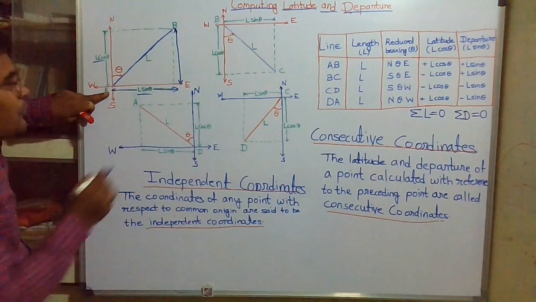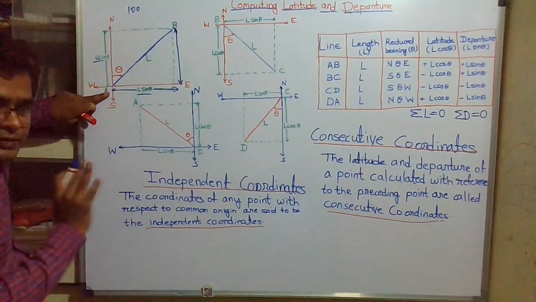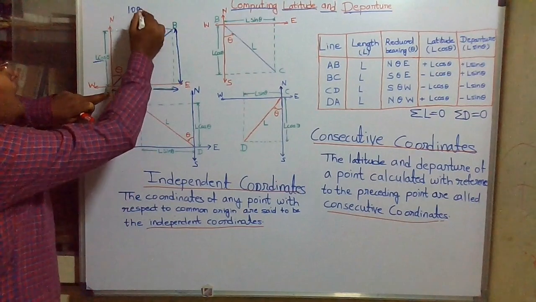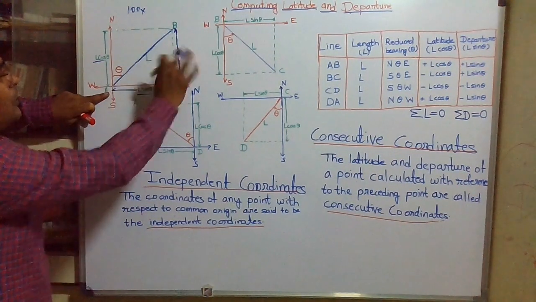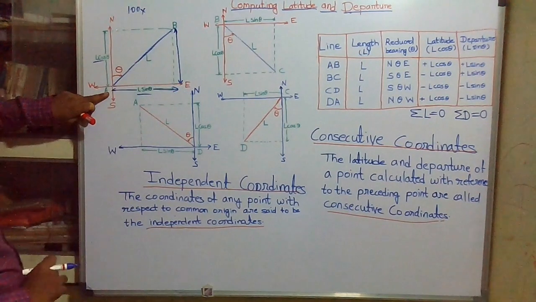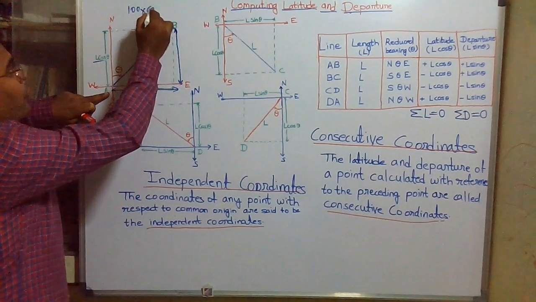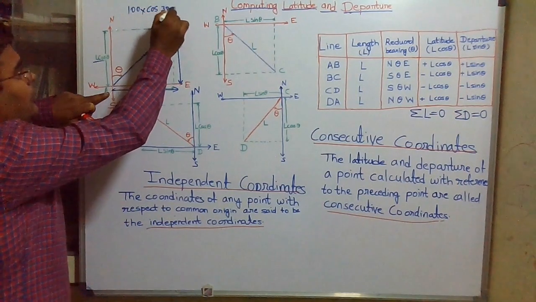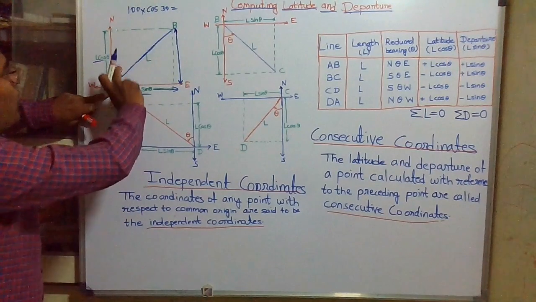Suppose the length of this line is 100, for example, and the angle is 30 degrees. Then what will the latitude be? It will be 100 cos 30. It is going to come to some figure. Similarly, what is departure?